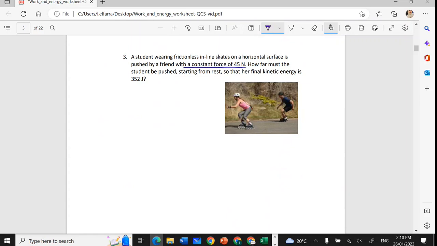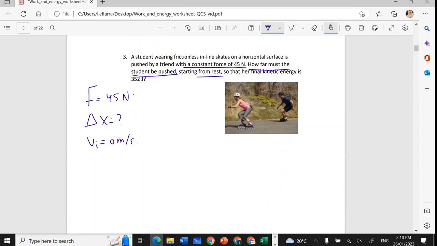The value of this F is 45 Newton. How far must the student be pushed? So I need the displacement, delta X. Starting from rest, so we have the initial velocity equals 0 meters per second.